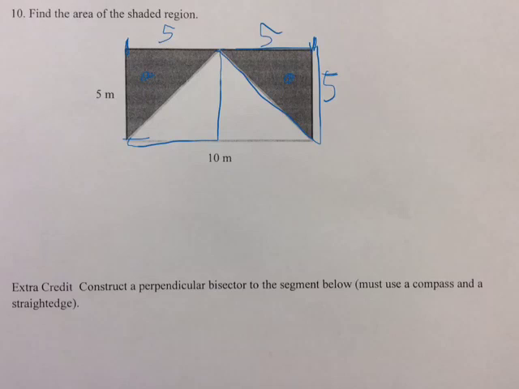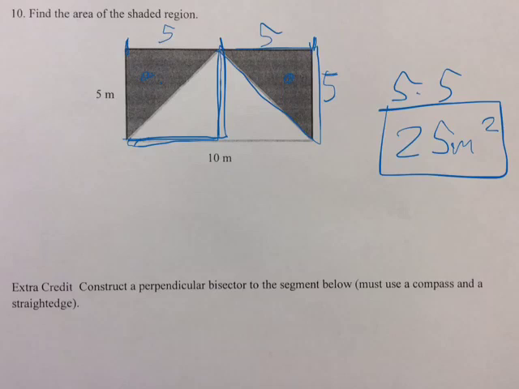So instead of doing the area of a triangle equals base times height divided by 2 twice, I'm going to actually just say I have one whole square since I have 2 halves of a triangle. If I put it together, it's going to be a square. So what's 5 times 5? 25 meters squared is your answer for the area of the shaded region.